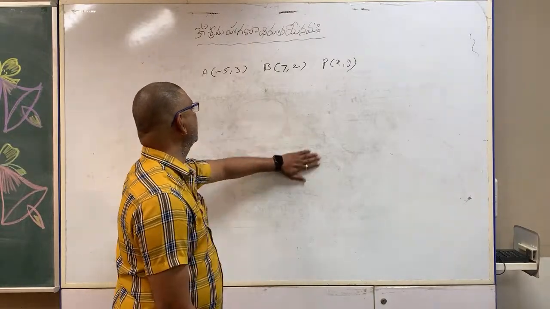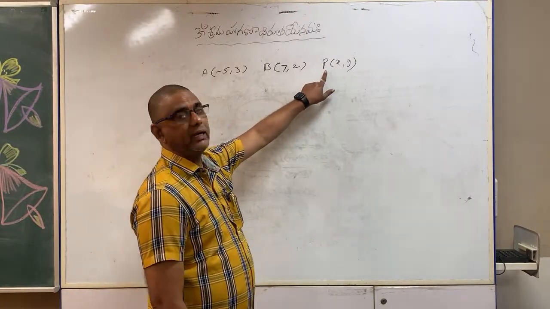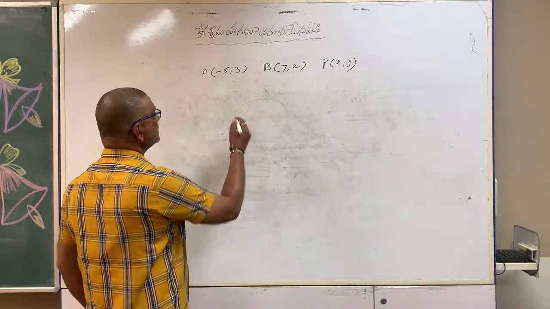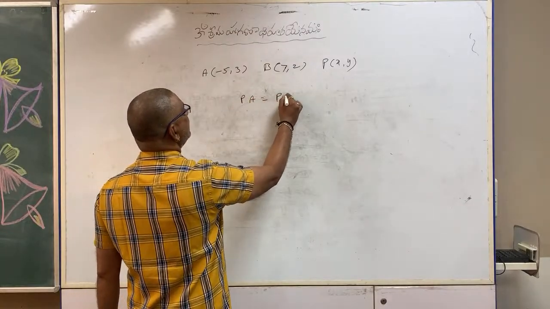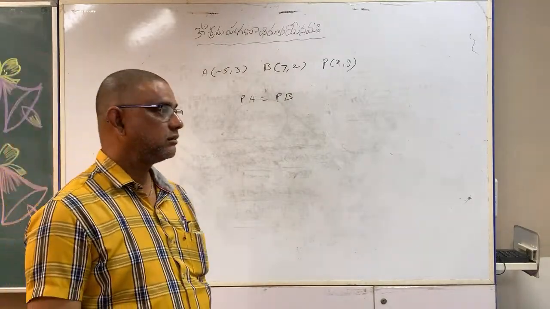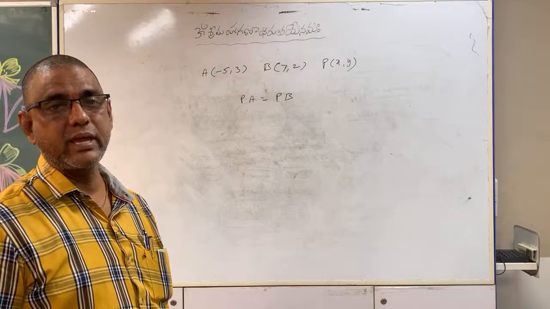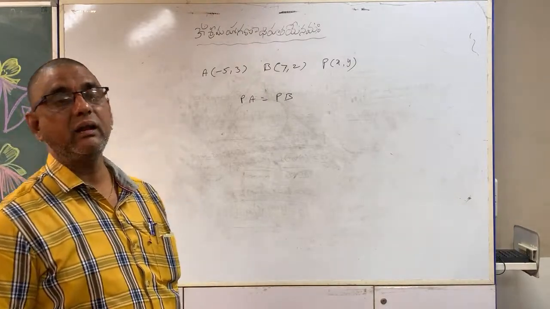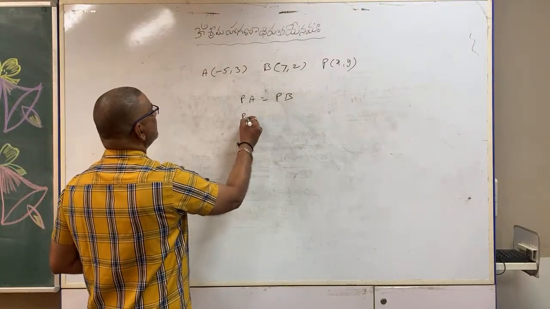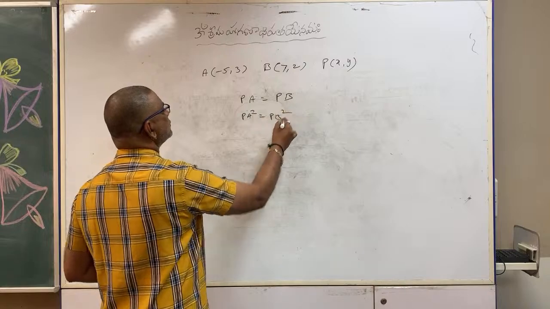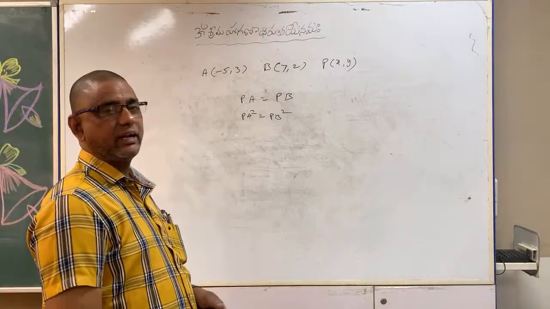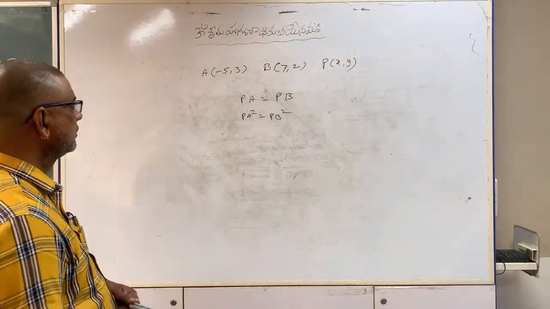What is the given condition? That point P is equidistant from A and B, that means PA is equal to PB. Equidistant means the distances PA and PB are equal. If PA is equal to PB, then PA squared is equal to PB squared.